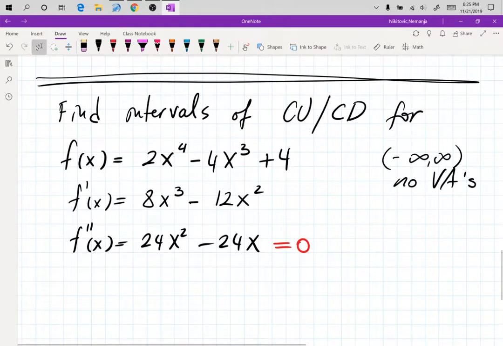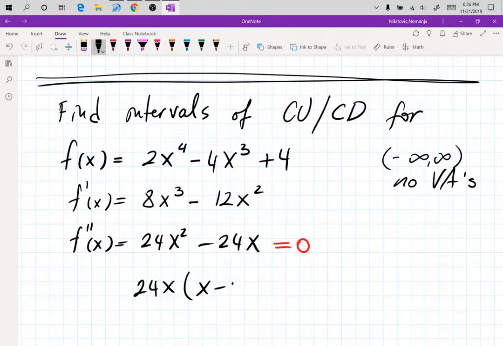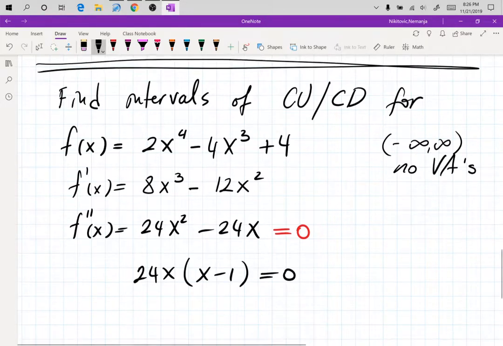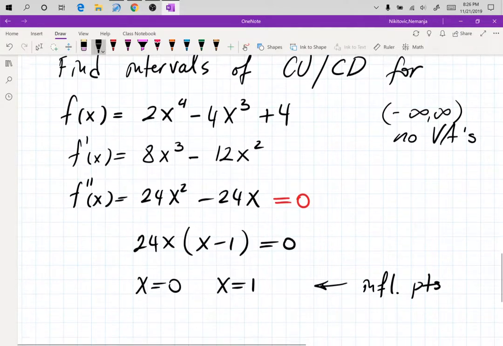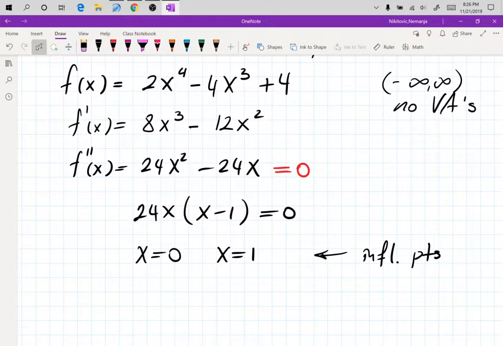I am going to factor 24x and have x minus 1. So x equals 0 and x equals 1 are two inflection points, for which I can find y value if need be for a graphing problem. In this case, we only care about x values now.